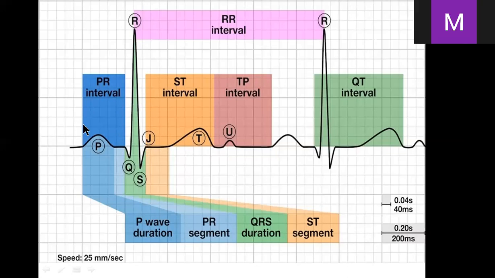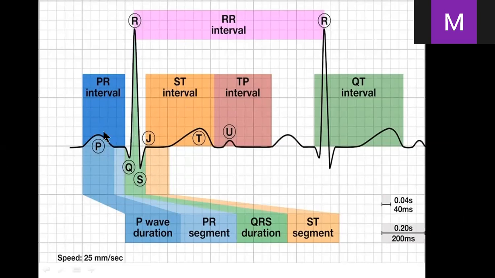Whenever you start seeing ECG, start from the P wave and look for the following QRS complex, and after the QRS complex, look for the T wave. When you look at the ECG, you will start by looking at P wave, QRS complex, and T wave. So when you recognize the normal ECG, then you will be able to pick up the abnormalities.